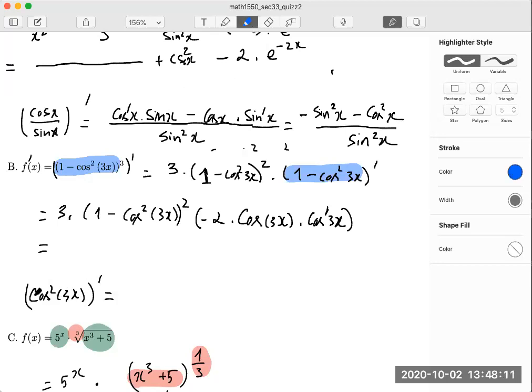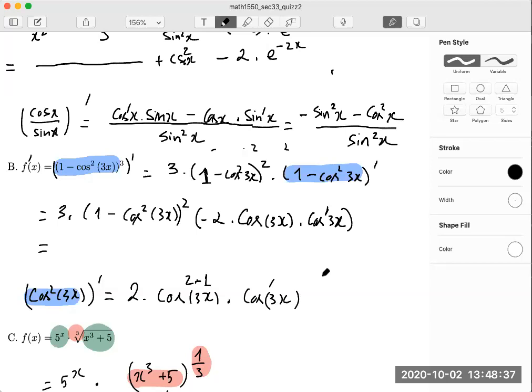And it will be 2 times cosine of 3x to the 2 minus 1. Do you agree? Then the derivative of cosine 3x. Now, what is the derivative of cosine 3x here?